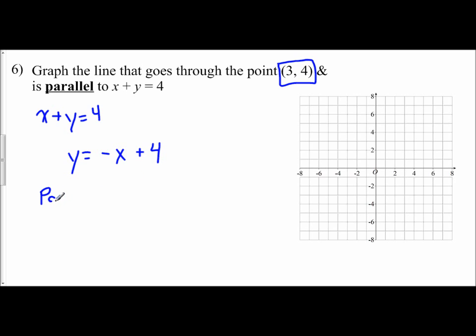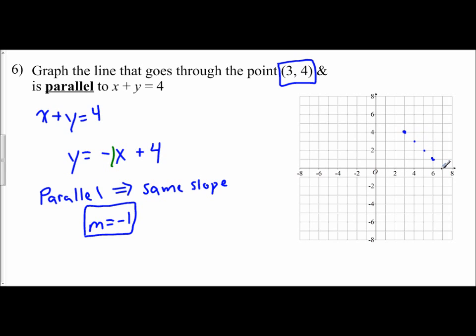And so again, parallel lines means you have the same slope. Though we don't see it, there's really a -1 in front of the x. And so the slope I will use with my line is m = -1. So I start at (3, 4). I have a slope of -1, so I go down 1, right 1, down 1, right 1, and so on.